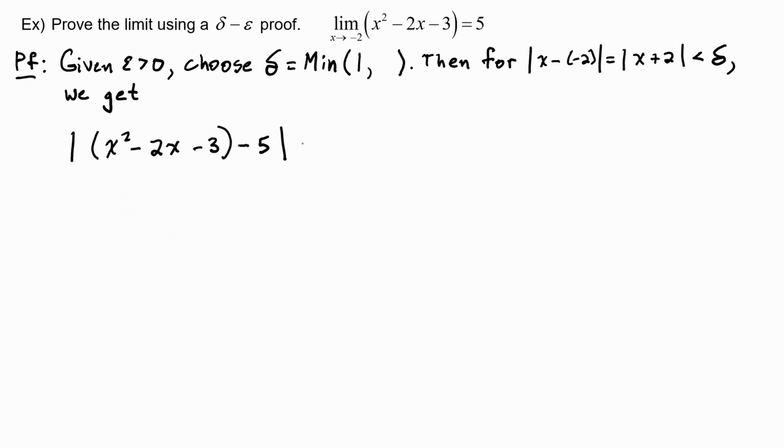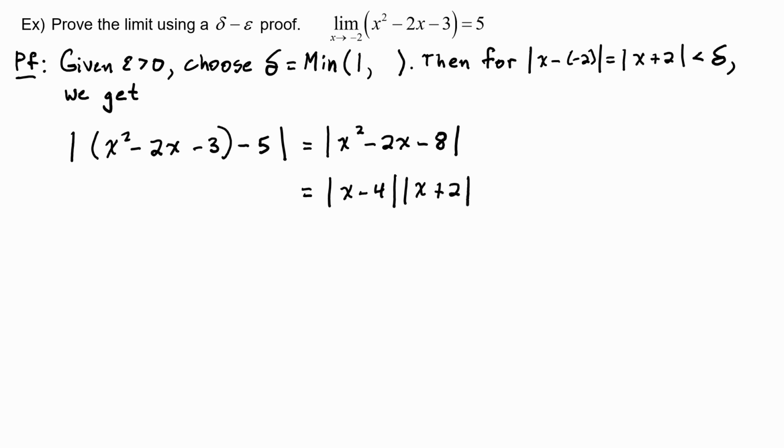Now let's simplify. This becomes the absolute value of x squared minus 2x minus 8. We can factor this into the absolute value of x minus 4 times the absolute value of x plus 2.